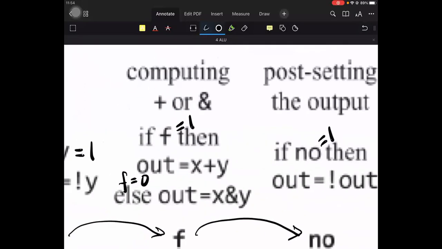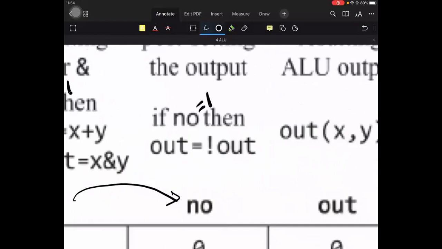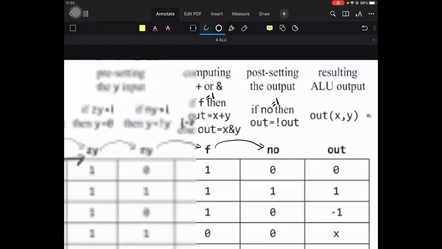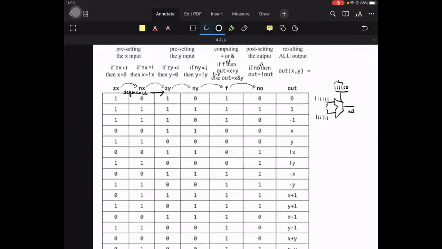So whether it's the sum or the AND, if NO is 1, it inverts the final output. If NO is 0, as is. Okay? So that's what's happening inside our simple ALU.